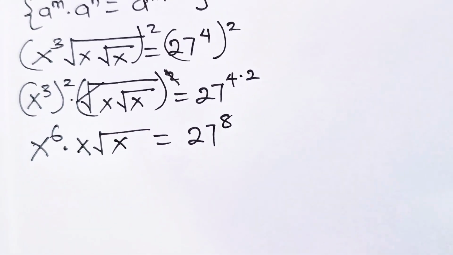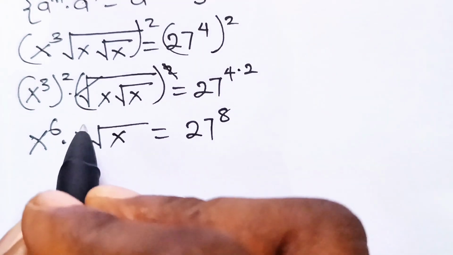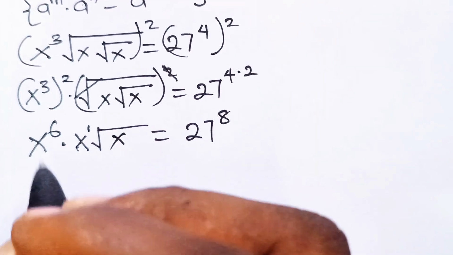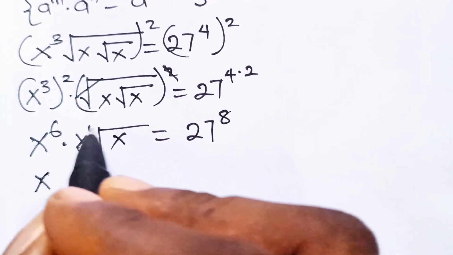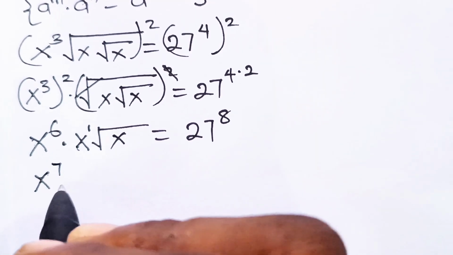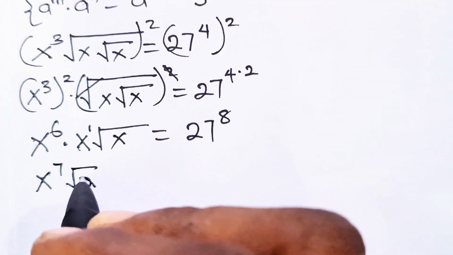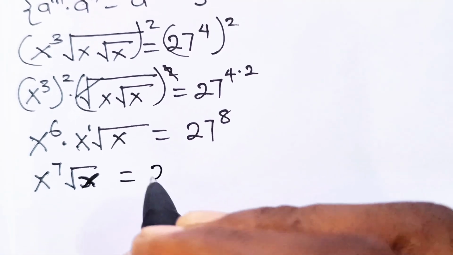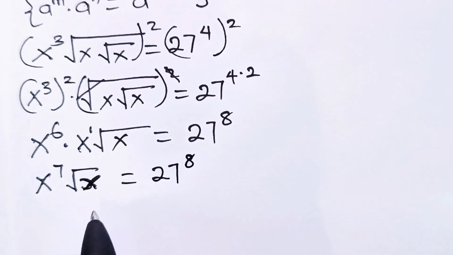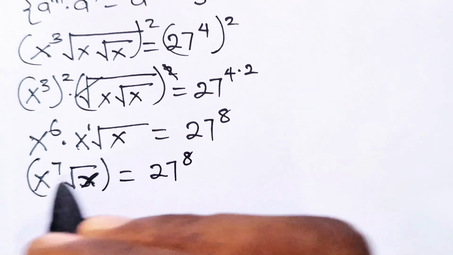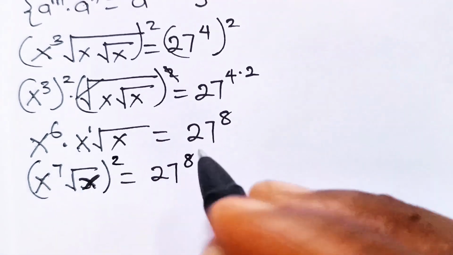Amazing, right? So as usual, this is x to the power of 1. So we have x to the power of 6 plus 1, which is 7. Then we have root x is equal to 27 to the power of 8. So we square again. Remember, we still have a root sign here.